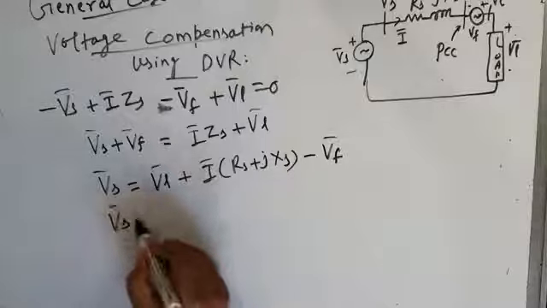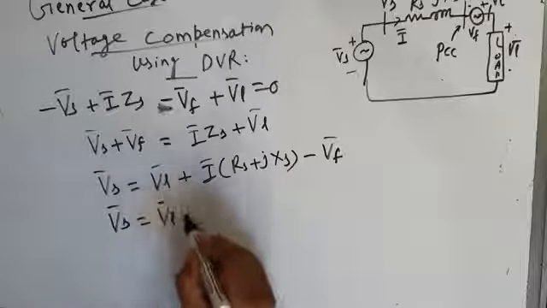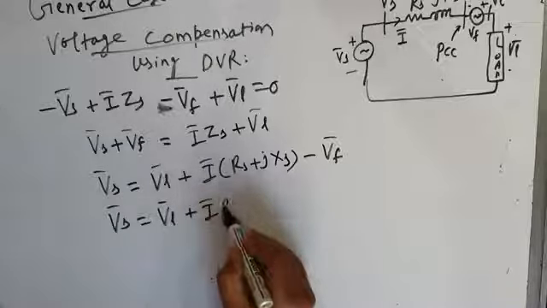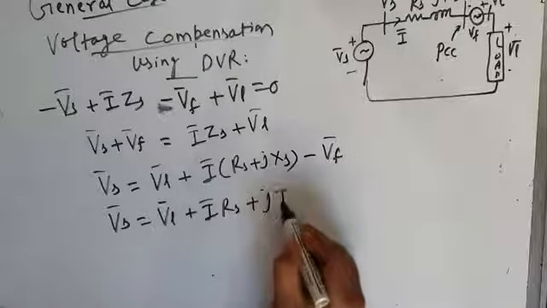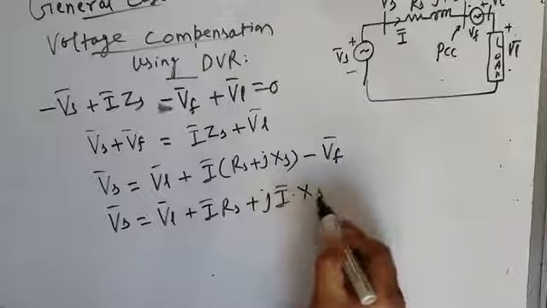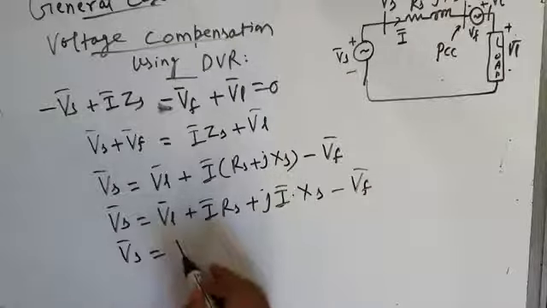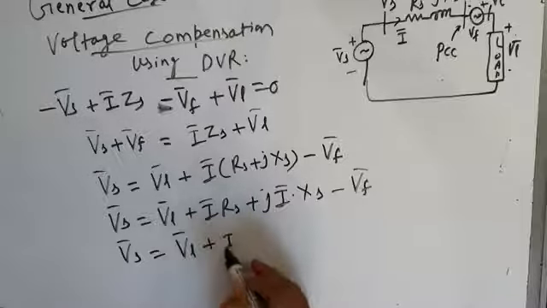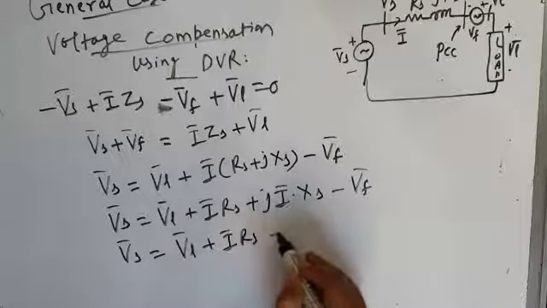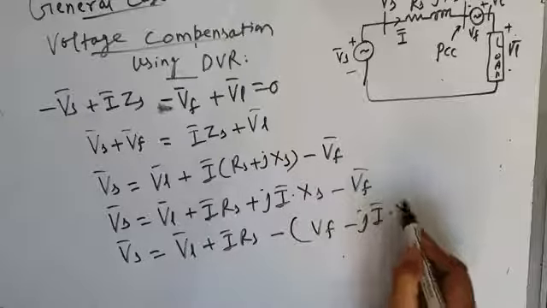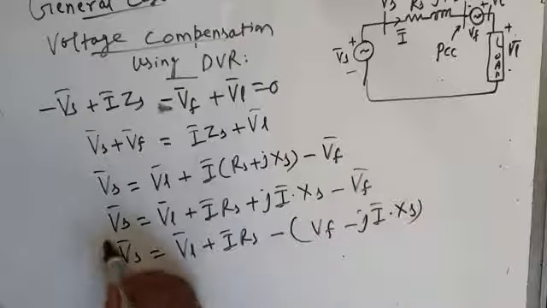Or source voltage Vs is equal to VL plus I into Rs plus jI into Xs minus Vf. So now it's a very interesting equation.